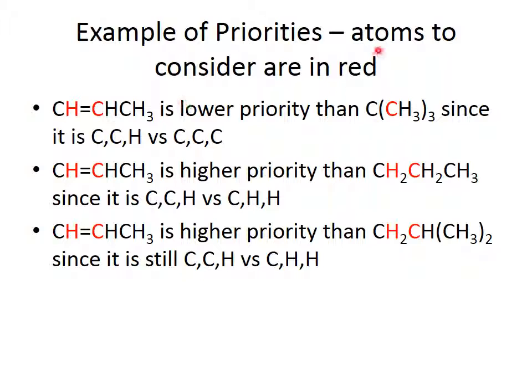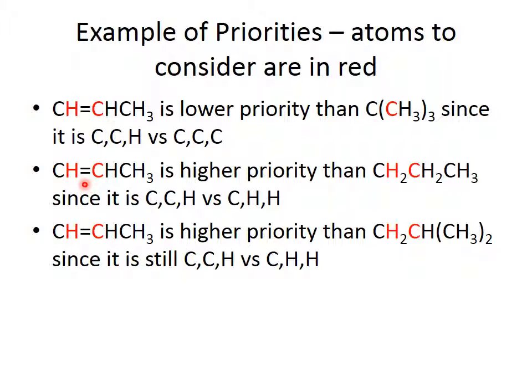Here are some more examples. I'm going ahead and highlighting these so you can see it even better. Carbon and carbon are the same. Then the layer that we consider next is carbon, carbon, hydrogen. What do we consider here? Carbon, carbon, carbon. So that's higher priority.